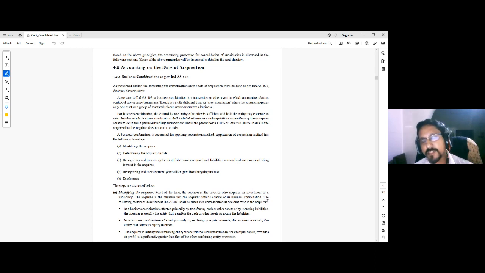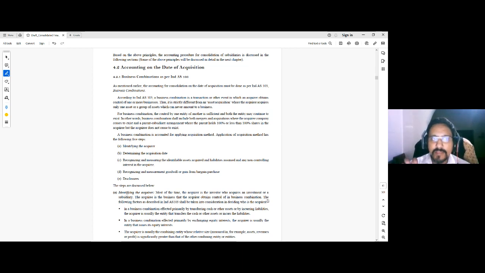In case of asset acquisition, say A Limited has acquired a number of assets from B Limited, that asset acquisition does not allow A Limited to actually run the entire business of B Limited. Only some assets have been acquired; the ownership of those group of assets has been acquired. But when A Limited is acquiring the controlling interest of the business of B Limited, then that business acquisition comes under Ind AS 103, and in that case consolidation is required.